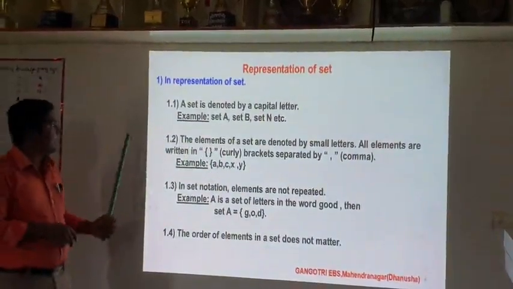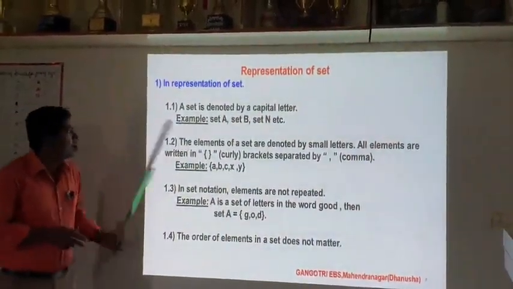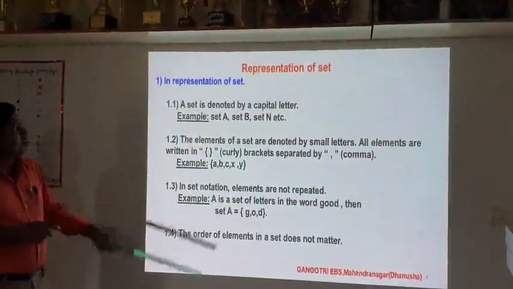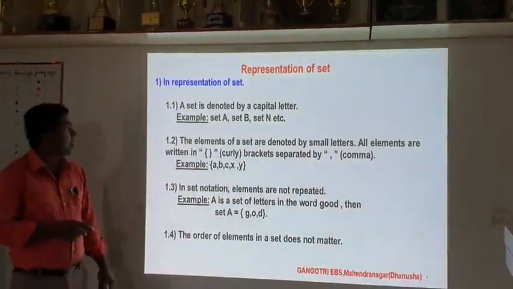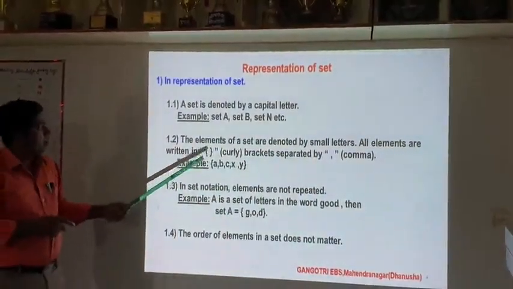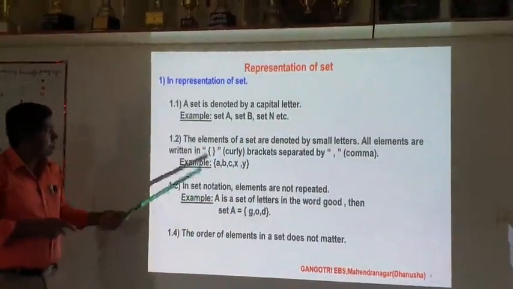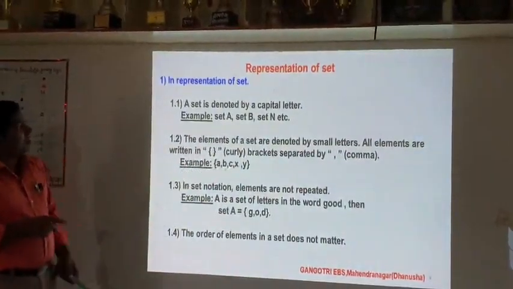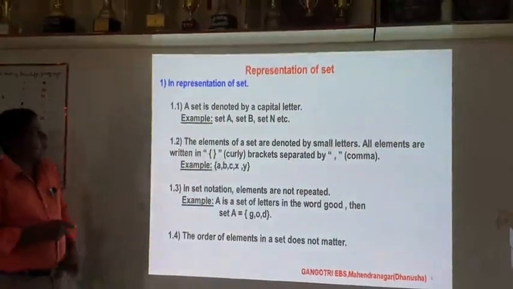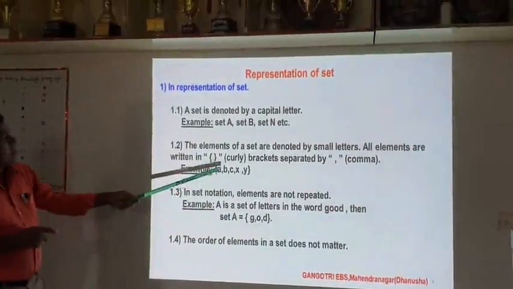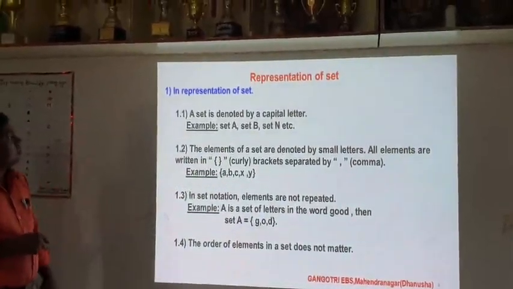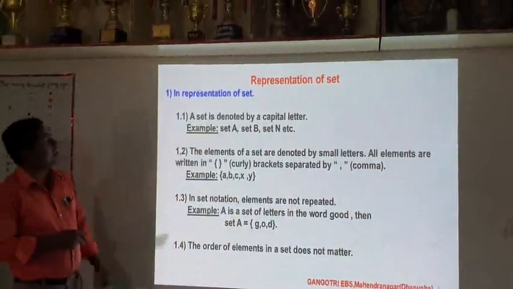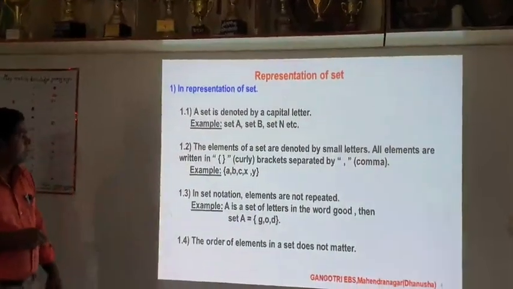All elements are written in curly brackets separated by commas. For example, curly bracket, then a, b, c, x, y. They are small letters. All elements are represented as small letters, but the set is represented in a capital letter.